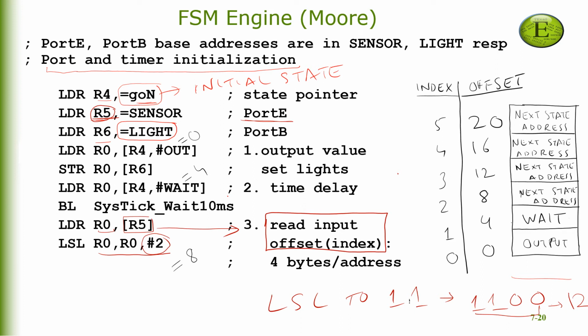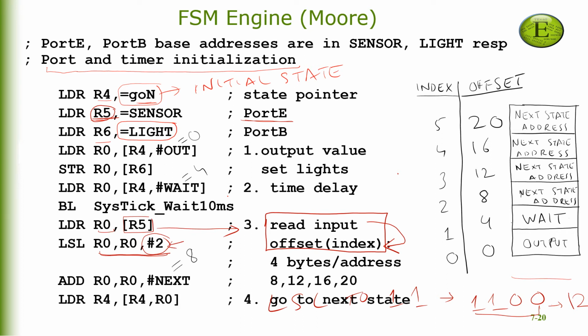Therefore, we are going to convert the input into the offset. How? By applying a logical shift left by 2 units, and then add 8 to it. And this is going to give us the exact offset. So if, for example, the port E last 2 bits were 0 0, you apply logical shift left, get 0 0 0 0, and then you add 8. This is going to give you 8.